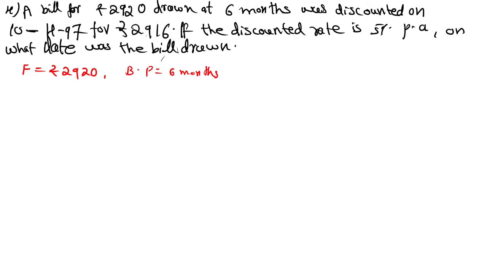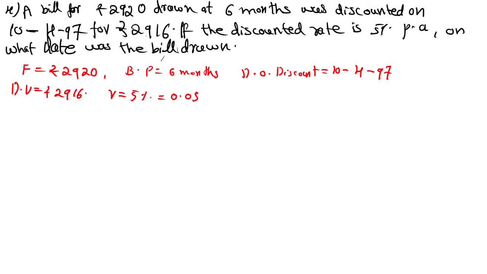Date of discount is equal to 10/4/97. The discounted value is equal to rupees 2,916. Rate of interest equal to 5% is equal to 0.05. Date of drawing equal to question mark.